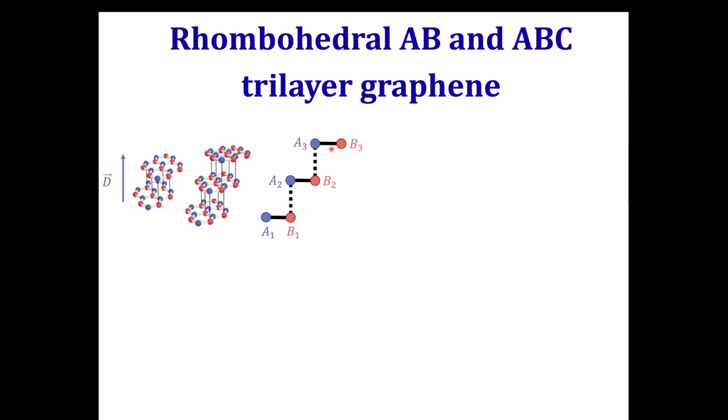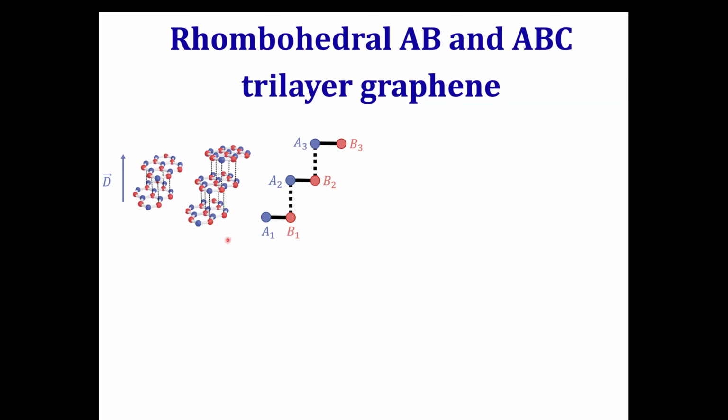If you add a third layer, now there are actually two options. The ground state of the system is the so-called ABA structure. So you go from one layer, then the next layer has its A sublattice on top of the B sublattice of the bottom, and then the third layer is actually registered with the bottom layer.